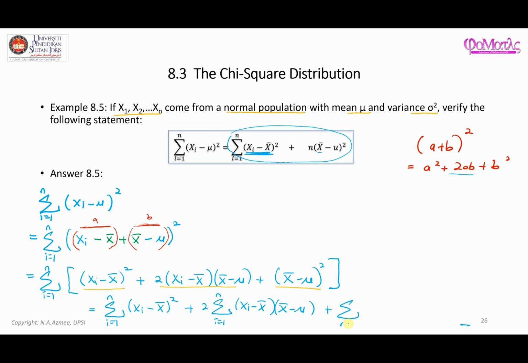Okay, that's it. This part here already looks similar to this part. I'm just going to explain part by part because I don't have space.